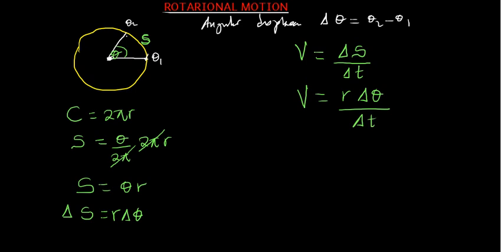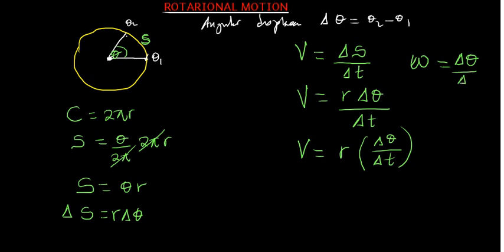Okay. Now this is what we have. I can also say this is the same as v is equal to r, and I put delta theta alone over delta t. But we know that delta theta divided by delta t is angular velocity, given as change in angular displacement divided by change in time.